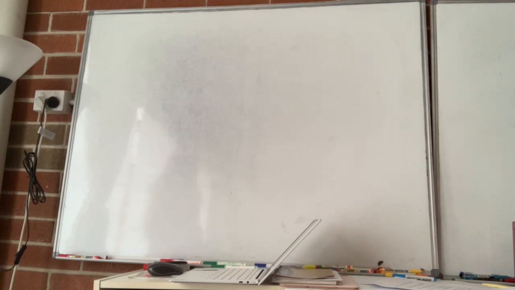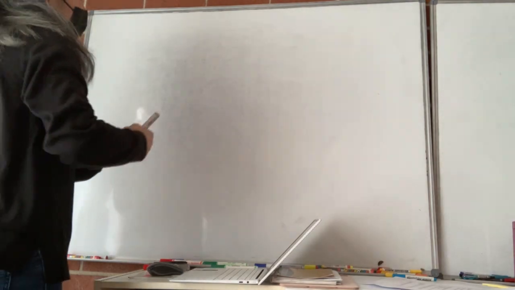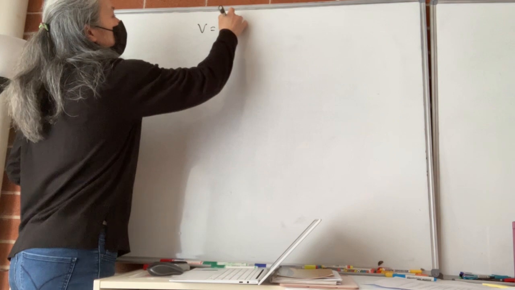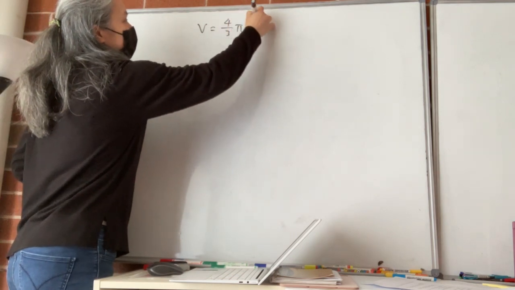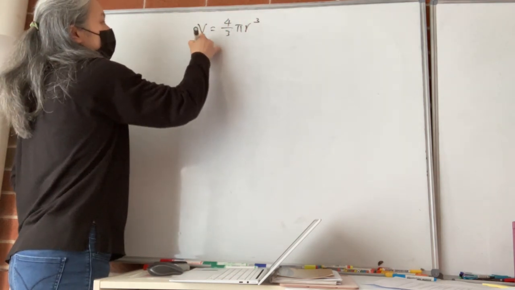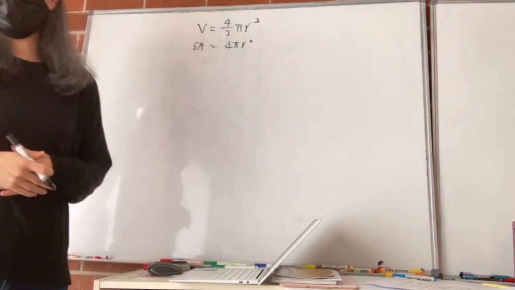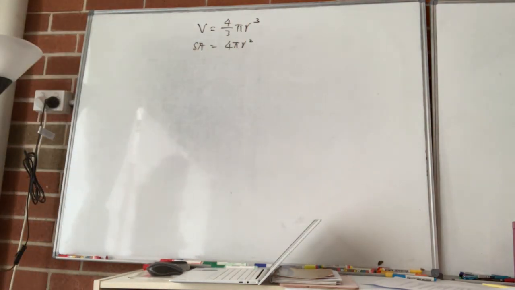Before this, I can say that volume is 4/3 pi r cube, and the surface area equals 4 pi r squared, which is the differentiation of the volume. Really neat. Extremely neat.